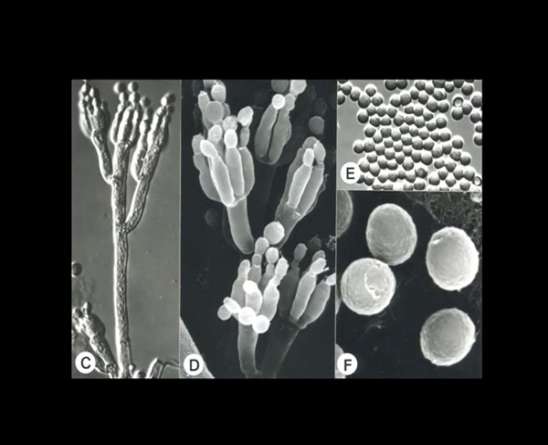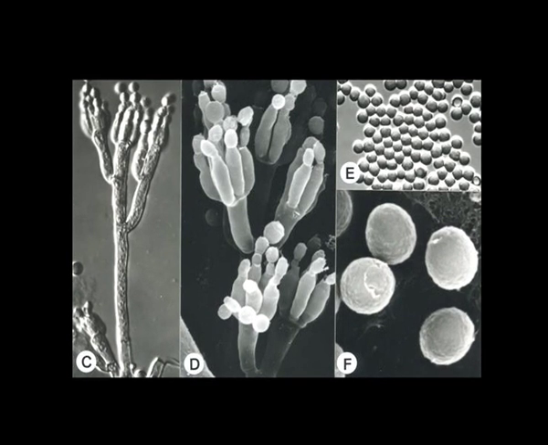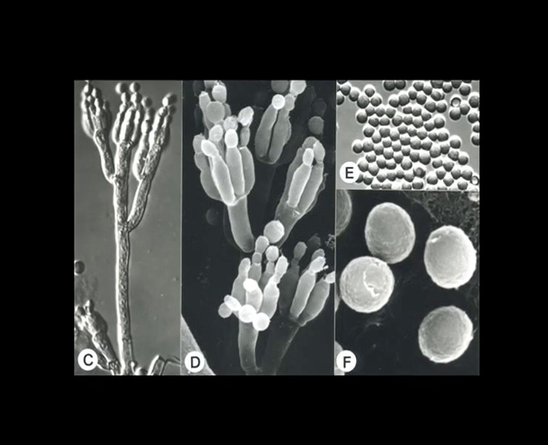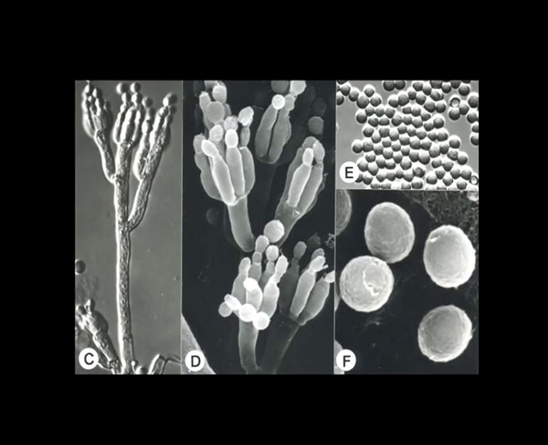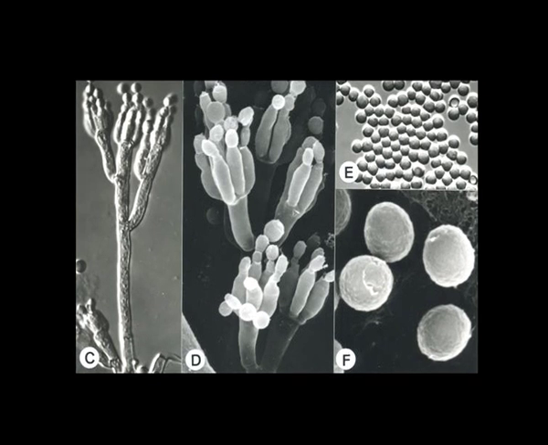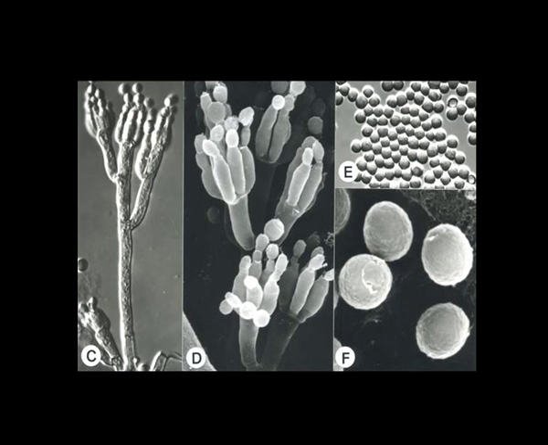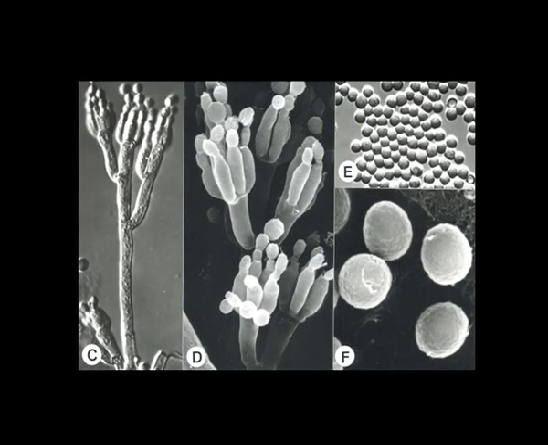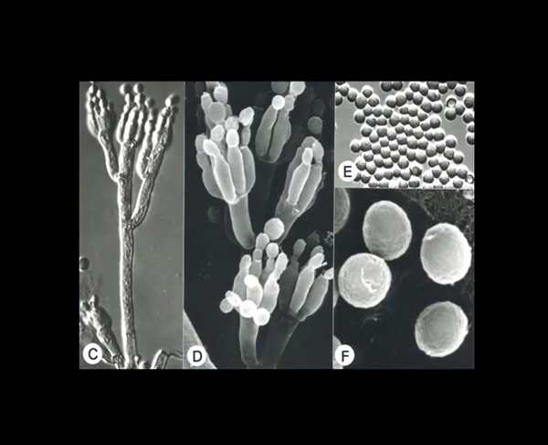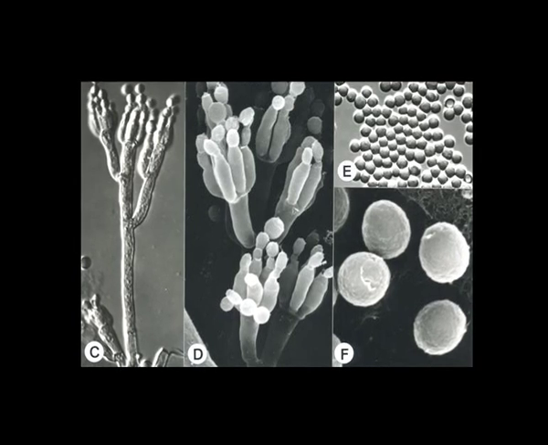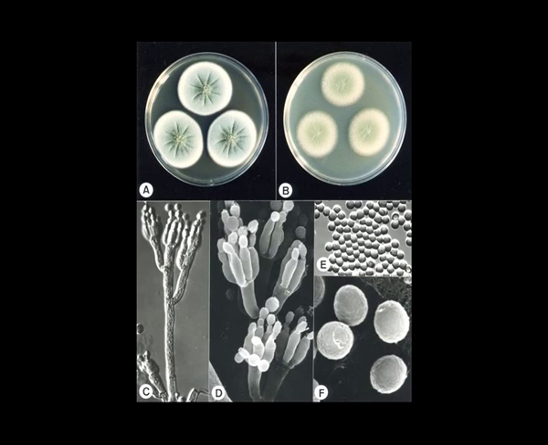Conidiophores are monoverticillate, consisting of an unbranched stipe, smooth to rough, terminating with 10 to 12 phialides, and usually reproduce by forming dry chains of spores or conidia from brush-shaped conidiophores. The conidia are blue to blue-green in color.